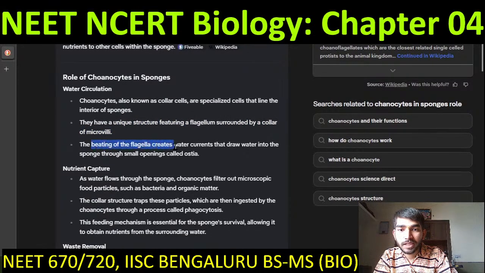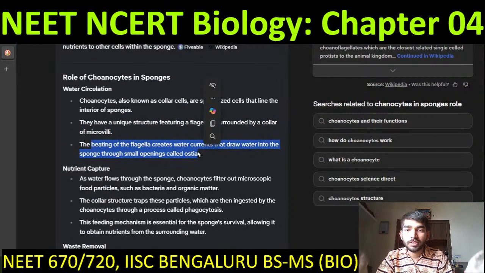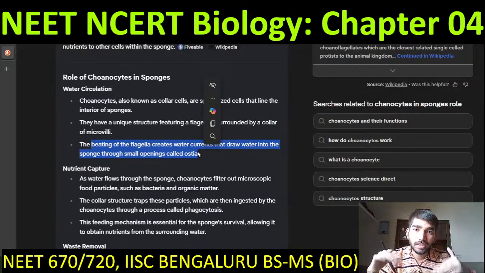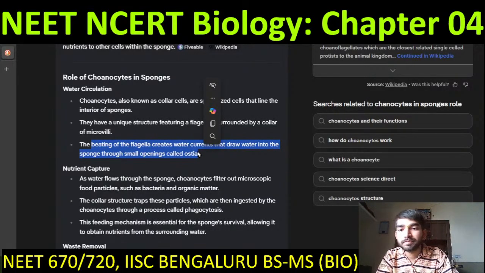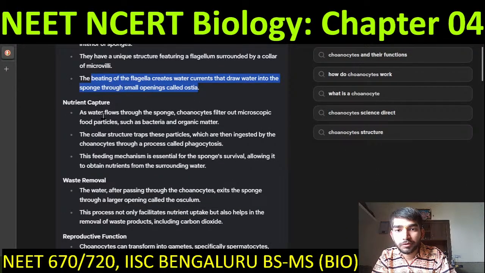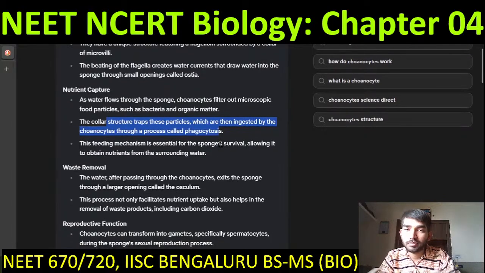The beating of the flagella creates the water current that draws water into the sponge through the ostia, and then pushes the water out from the osculum. As the water flows through the sponge, choanocytes filter out the microscopic food particles. The choanocytes trap these particles and ingest them through a process called phagocytosis. This is something I'll explain in cell biology later on.